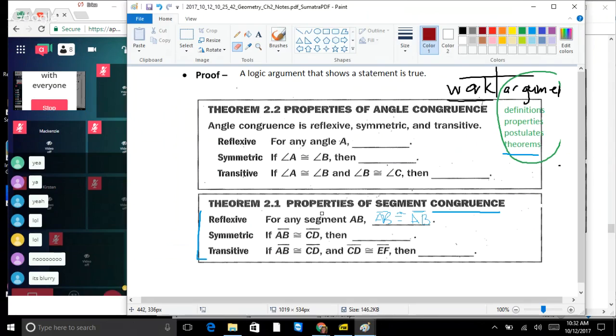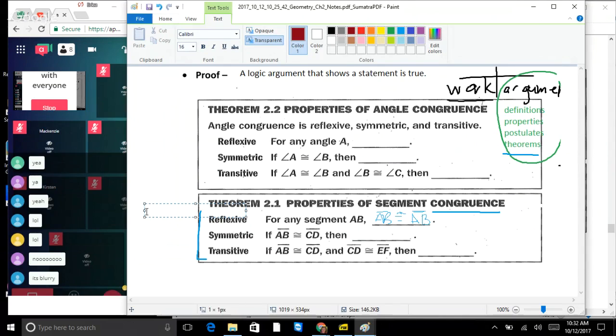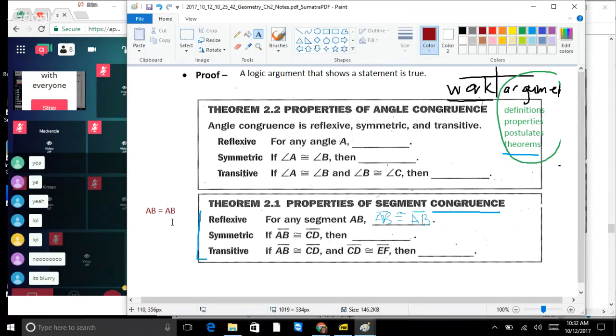Everybody following? I know it's blurry. I've got to figure out how to type this better. So reflexive should look like this: line AB. But we're not talking about our lines, we're talking about our line segments.